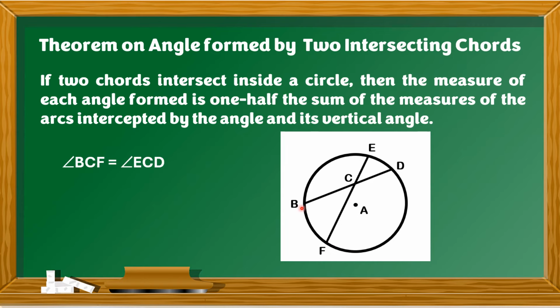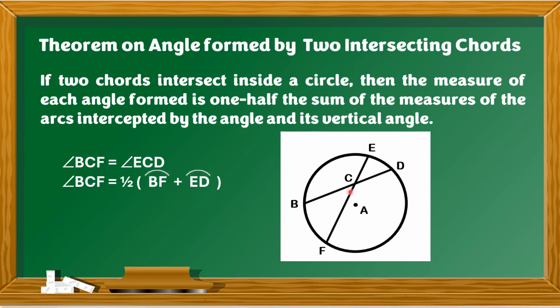So angle BCF and angle ECD are vertical angles. That's why this angle is equal to this angle. They are congruent. And by applying the theorem on angle formed by two intersecting chords, we can say now angle BCF is equal to 1/2.